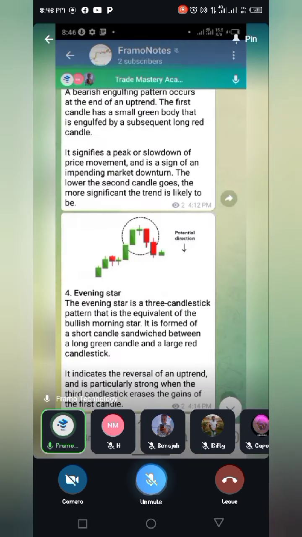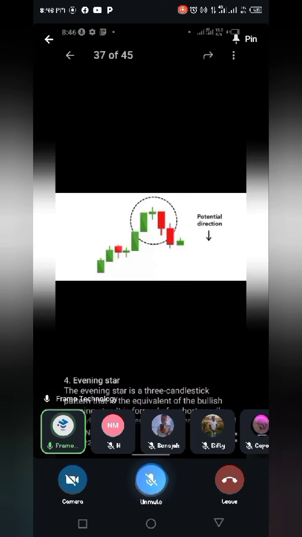Now we saw morning star. Here we have evening star forming at the top of an upward trend. Now you will see one big green followed by a small candle where the opening and closure is almost at the same place, which is an indecisive candle.